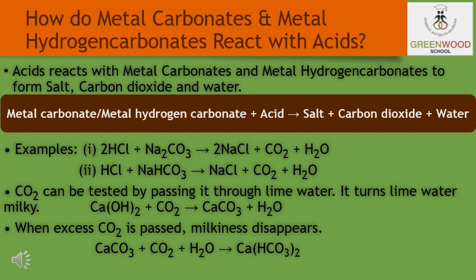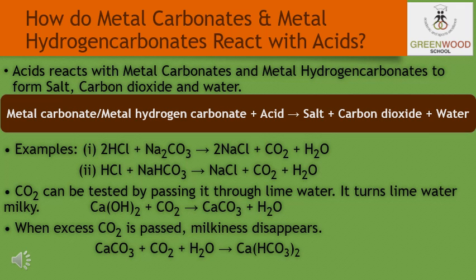Similarly, when the sodium hydrogen carbonate is reacting with the hydrochloric acid, again it will give us the NaCl, that is the sodium chloride, the carbon dioxide and the water. Now the carbon dioxide formed can be tested by passing it through the lime water.